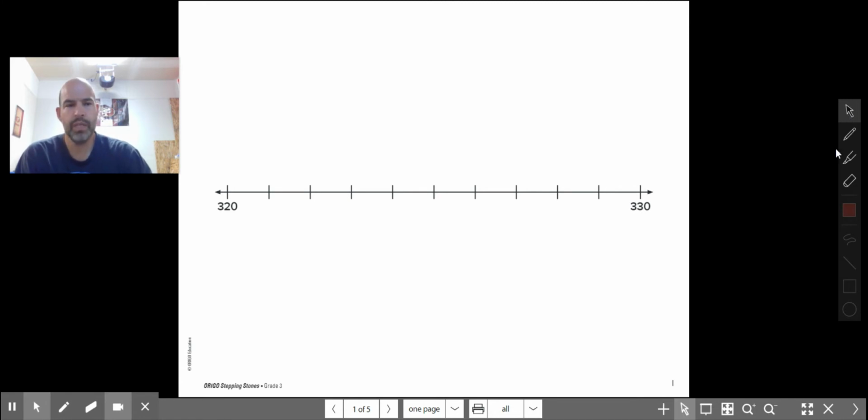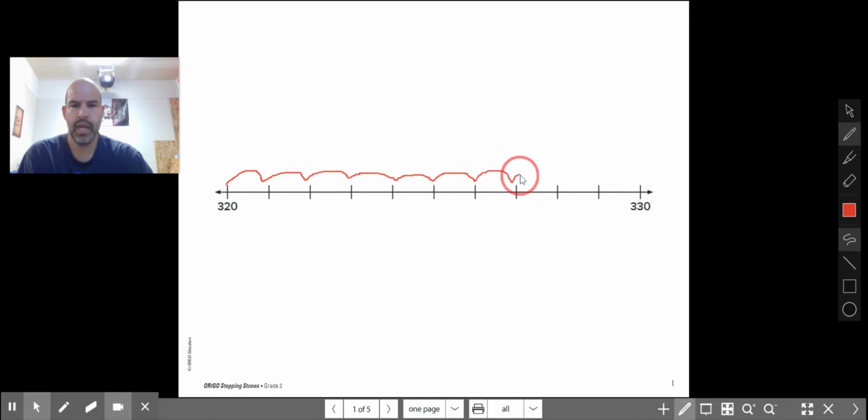So if we were to make jumps from 320 to 330, that'd be 1, 2, 3, 4, 5, 6, 7, 8, 9, 10. So there are 10 jumps between 320 and 330.